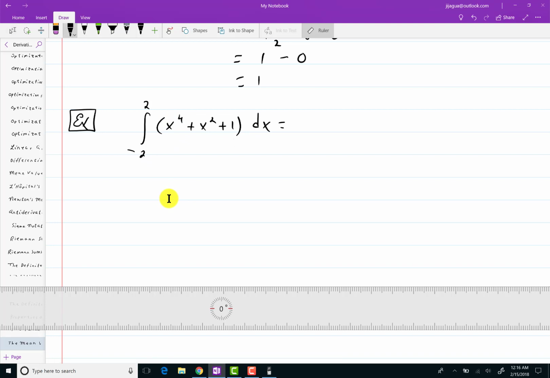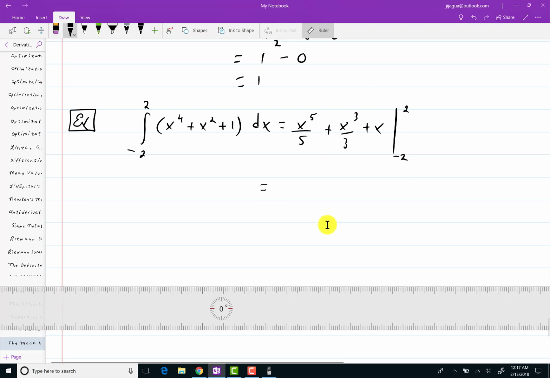This is going to equal x to the 5th over 5 plus x cubed over 3 plus x from negative 2 to 2. Notice how the integral of an even function is odd, and I'll bet the integral of an odd function is even. I haven't checked that out completely, so I've got to be careful what I say, but I think I'm right. Anyways, let's throw these numbers in.